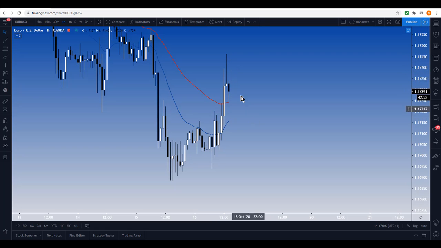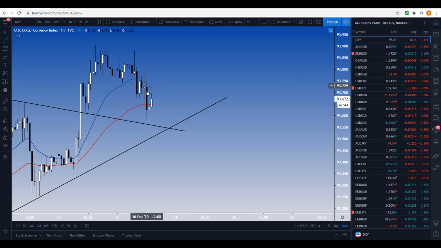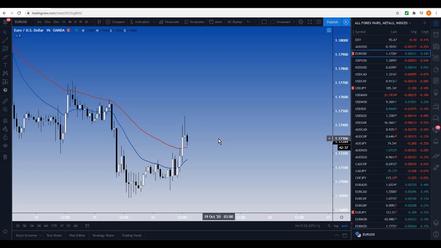So I'm looking really for price to, like we were looking at the dollar index, let's just go back to it, looking at the dollar index to have a morning star pattern. We'll be looking at euro to have an evening star pattern. It's another 3-bar pattern reversal from buyers into sellers.